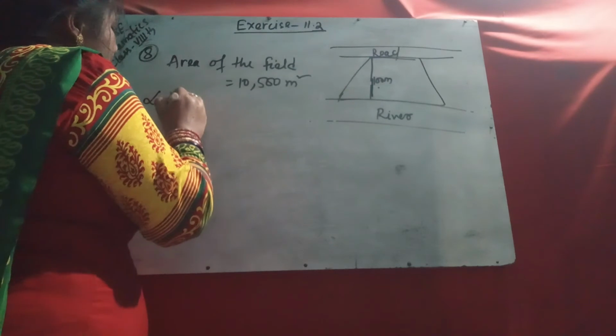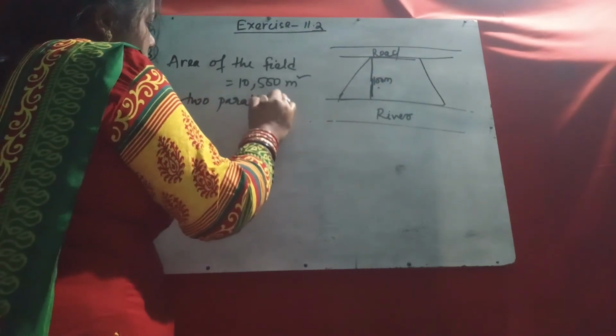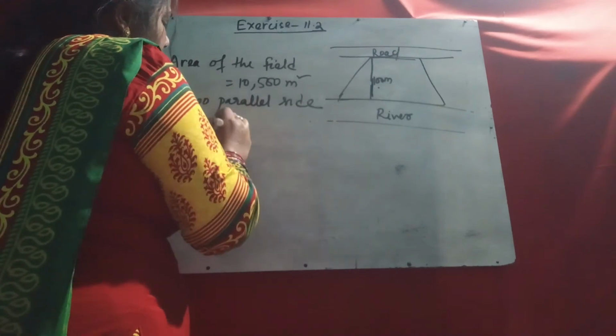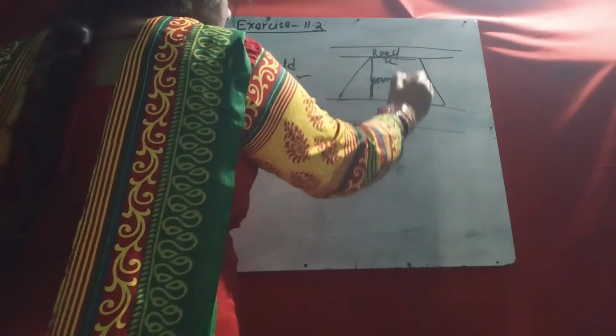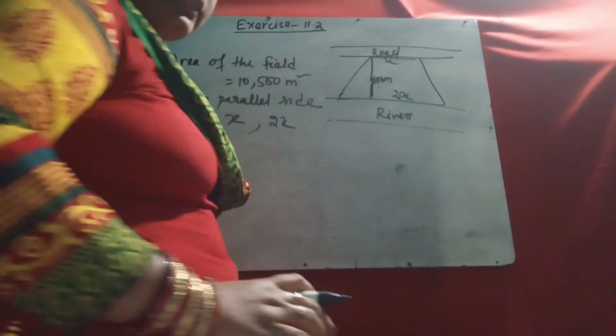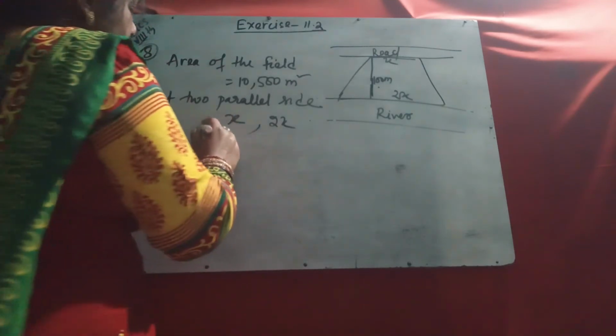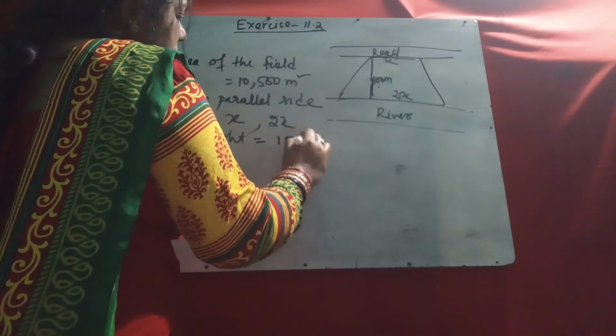Let the two parallel sides be: one is x, and the other is twice, so 2x, because it is given twice. Then the height is given, that is 100 meter.